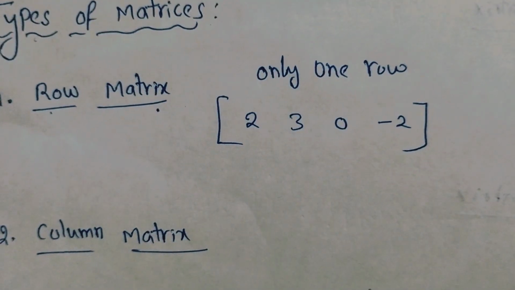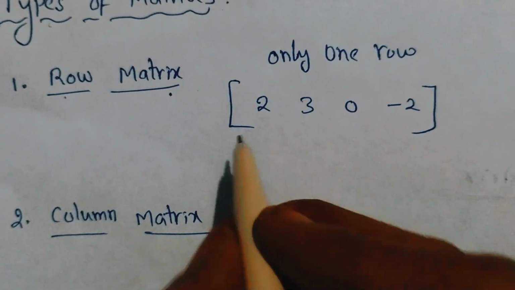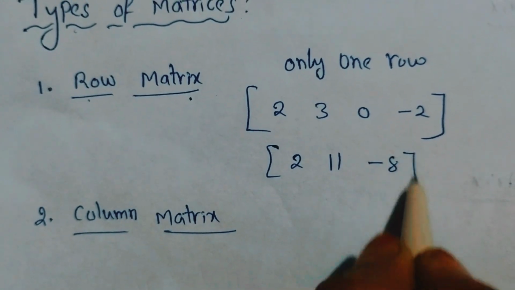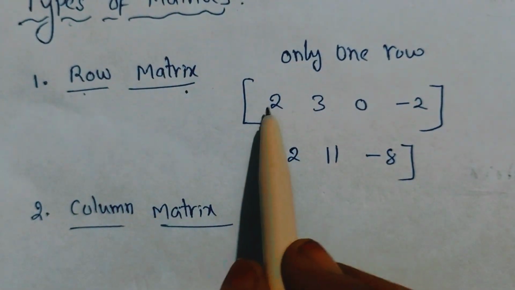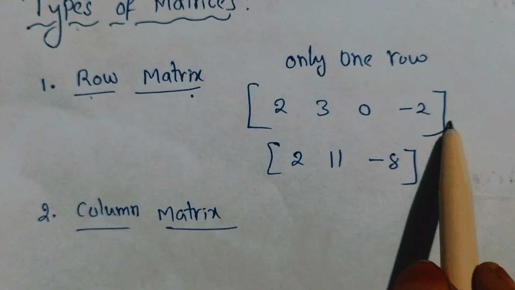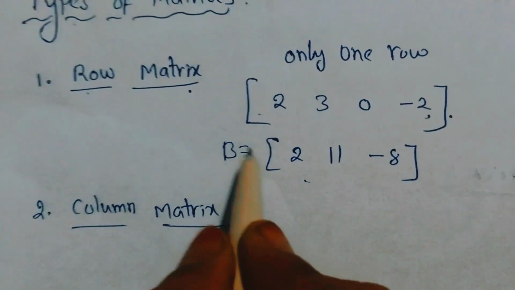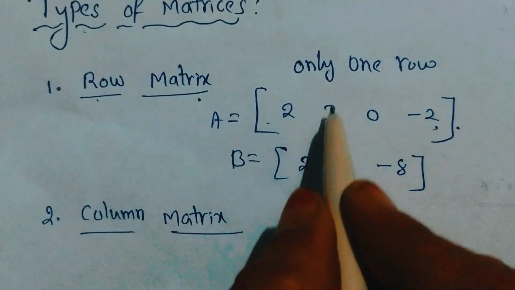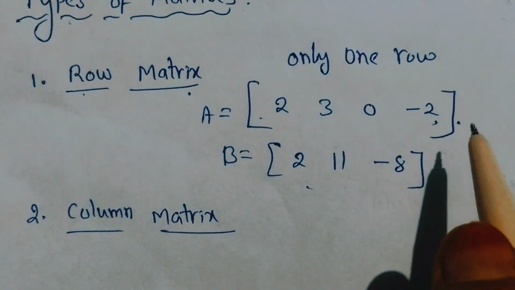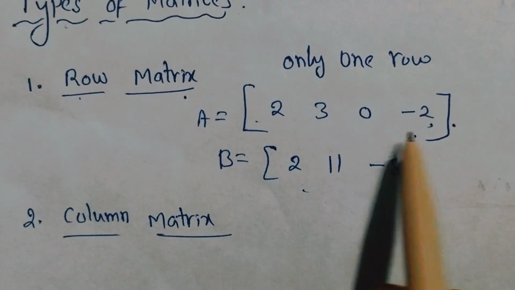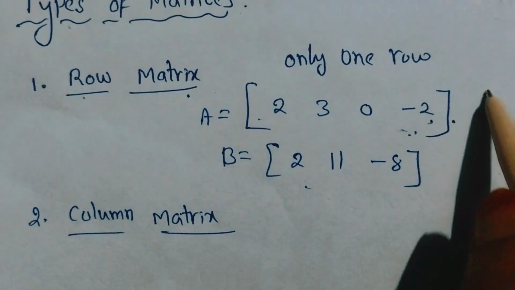I will take only one example, and also another example, 2, 11, minus 8. Okay, so here is only one row. How many rows in this matrix? Only one row. And in matrix B, only one row. How many columns in the first matrix? 4 columns, that is not important. In a row matrix we have only one row in the particular matrix.